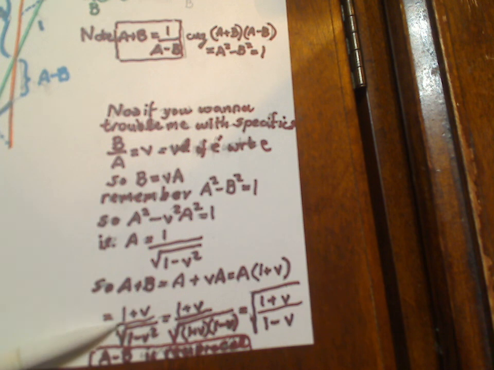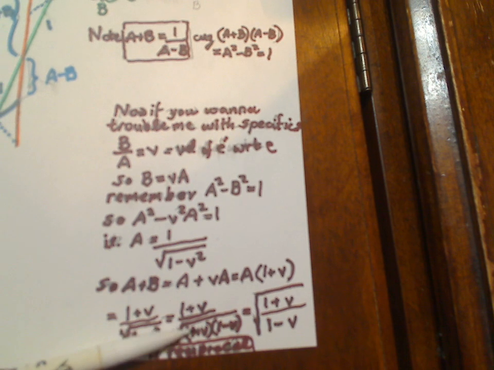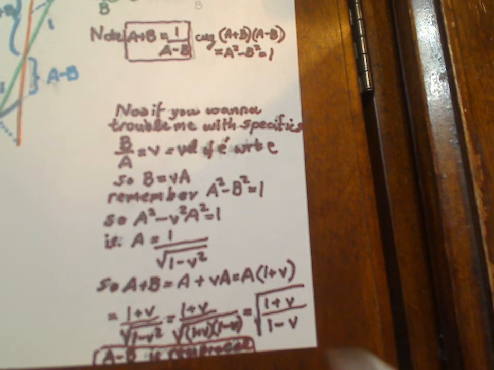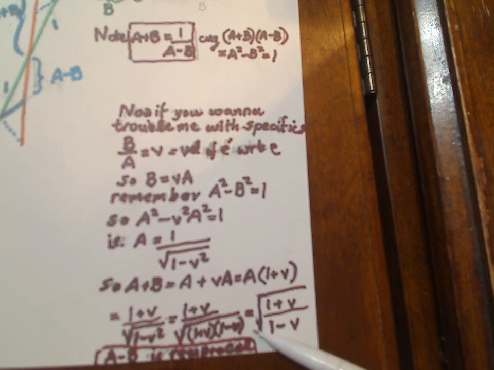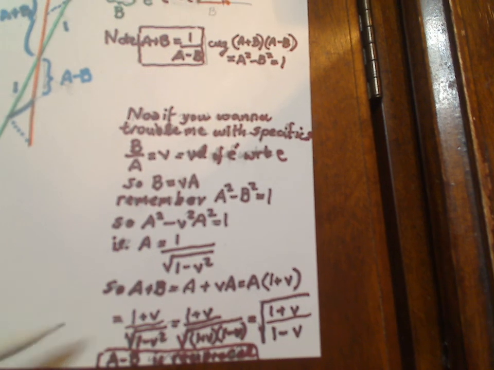So 1 plus v times a is just 1 plus v over the square root of 1 minus v squared. That's equal to 1 plus v over the square root of 1 plus v times 1 minus v. And then the top is really the square root of 1 plus v squared, and on the bottom you have the square root of 1 plus v, so you can cancel it out. So at the end of the day, you're going to end up with the square root of 1 plus v over 1 minus v. Okay? And that's going to be equal to a plus b.